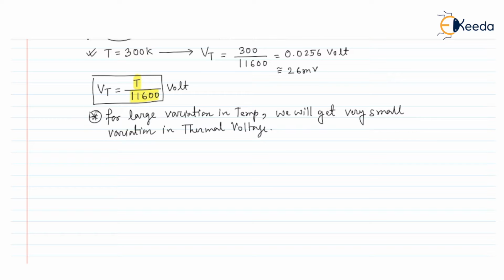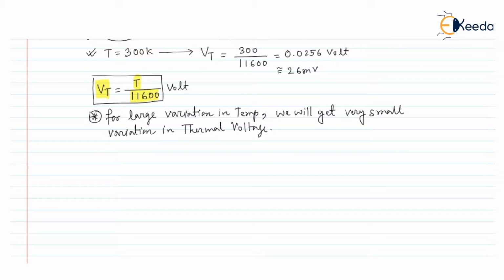So if there is a large change in the value of T, we will get a very small change in the value of Vt, because the T value is divided by a large number.